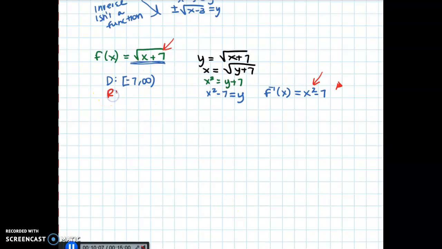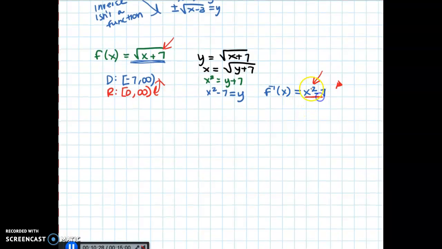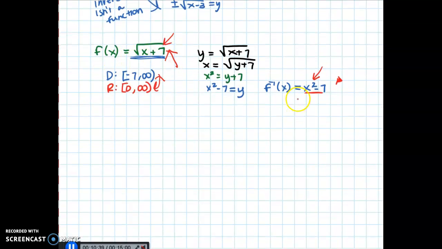So let's examine the range. The range of this function, the smallest value that I can put in is 0, and then I go to infinity. So technically, by switching x and y, you are exchanging your domain and range. So the domain of this function, even though technically the function in and of itself can be any x value, because it came from this restricted function, the domain of this has to be from 0 to infinity.